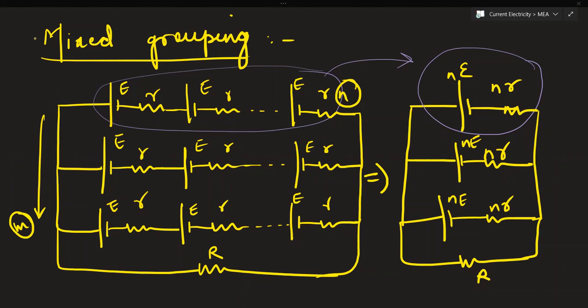Not all of the electrical energy, but some of it dissipates in the form of heat. You must have seen whenever you charge your mobile phone, the wire of the charger becomes hot, or if you connect a charger to your laptop or any instrument, the wire always becomes hot. This is because of the heating effect of current.